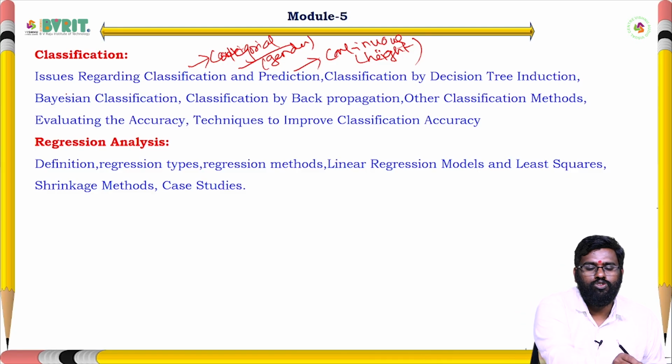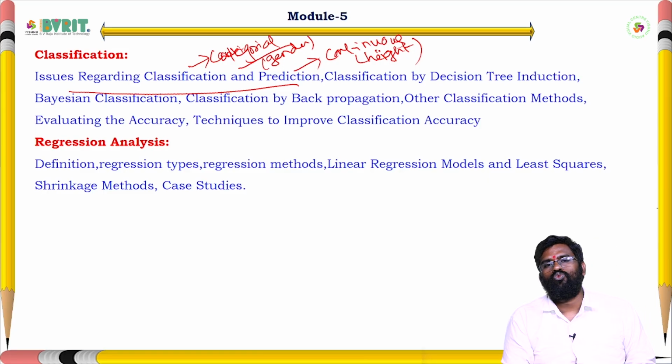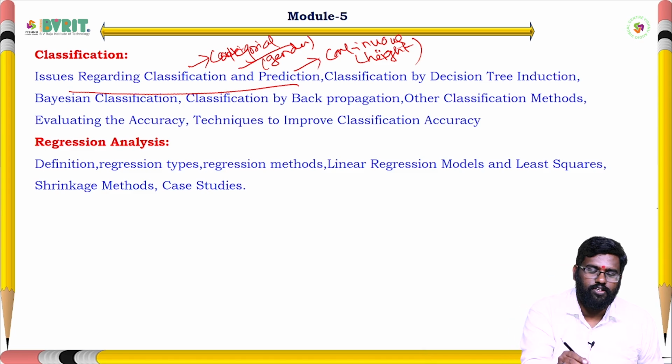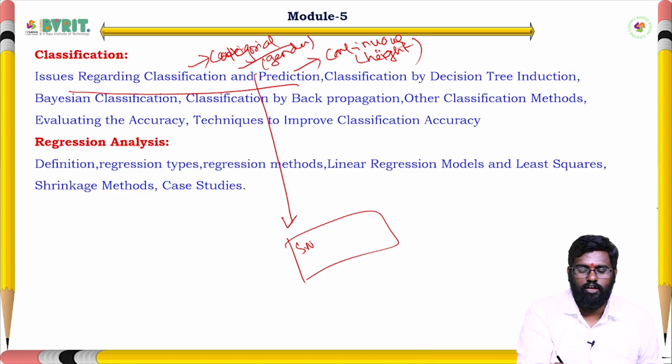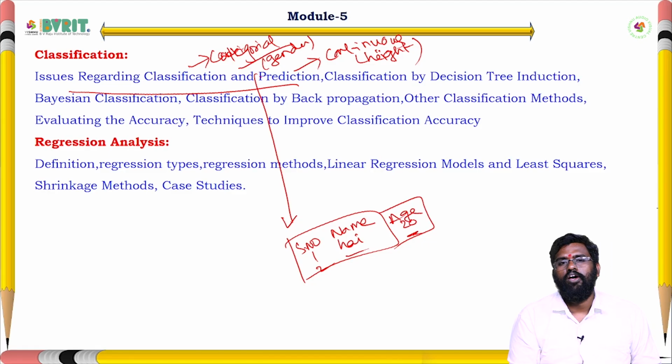Now, issues regarding classification and prediction. What are the issues we have to identify? In classification, we have to take the data that is given. In prediction, the continuous data that is given. In case the given data has any missing values, for example serial number 1, 2, some name, some height, some age 20, and these two values are missing.